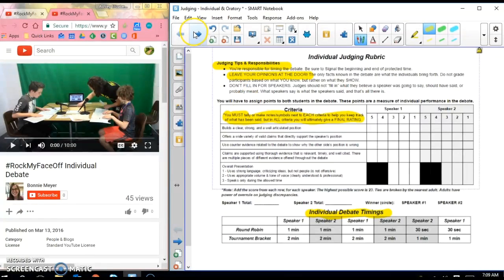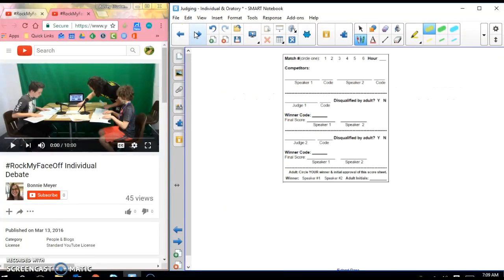The second thing we've added is that every time a round ends, you are going to be given a little sheet like this by an adult nearby. If that adult, who has been listening to the debate, feels like your judging is not up to par, it wasn't done with quality, you weren't paying attention, or maybe you were skewing your vote and voting for a friend instead of a clear winner, it is possible for you to get disqualified by that adult.